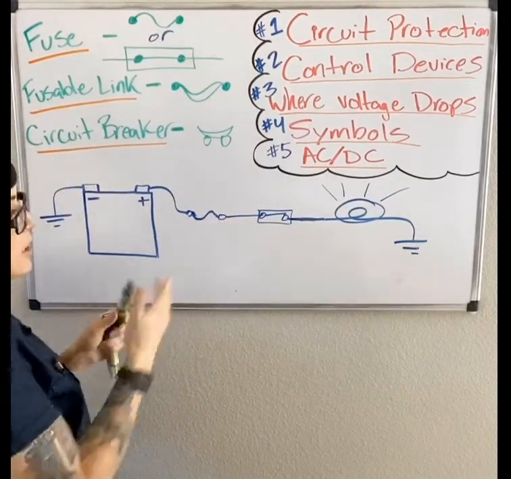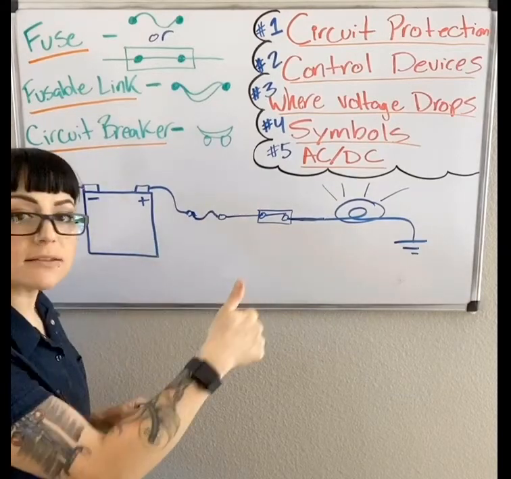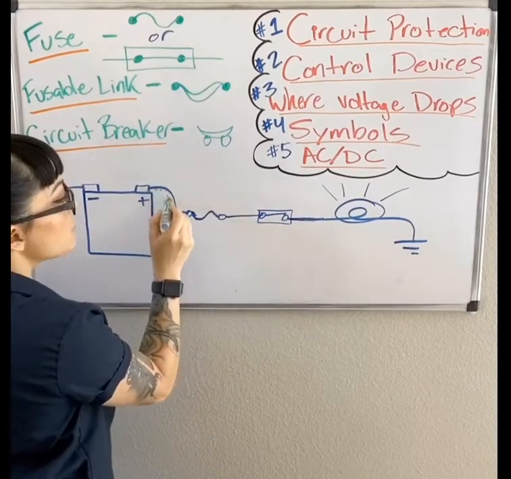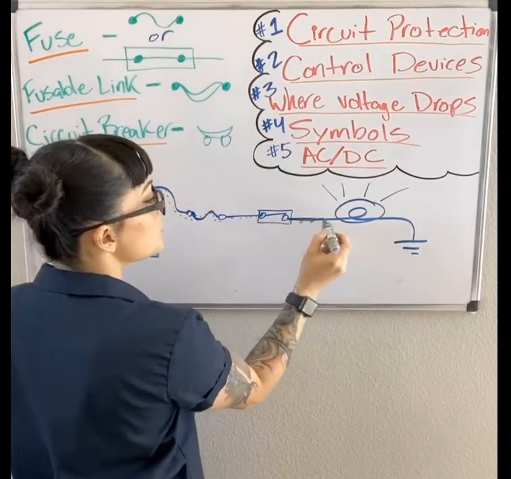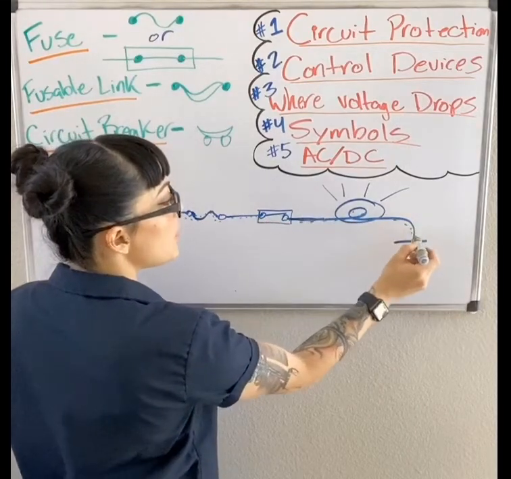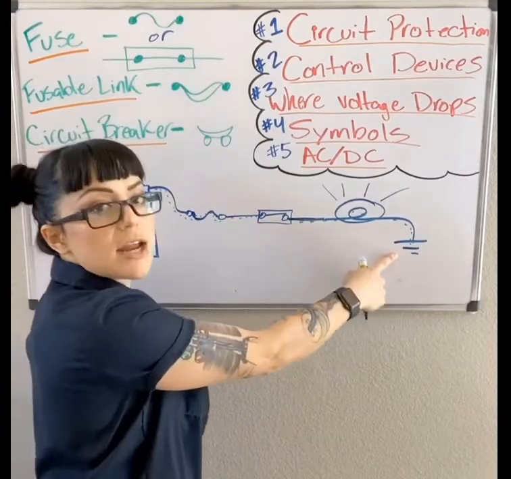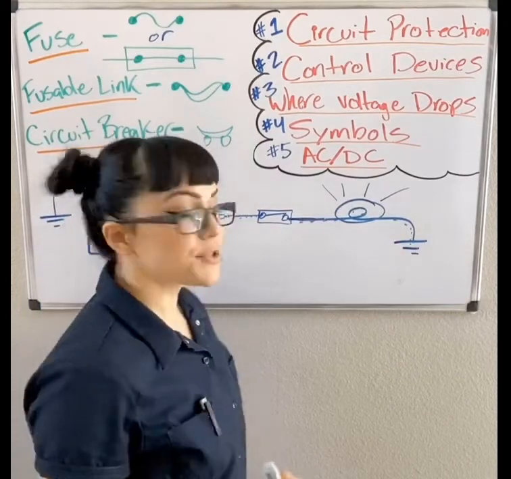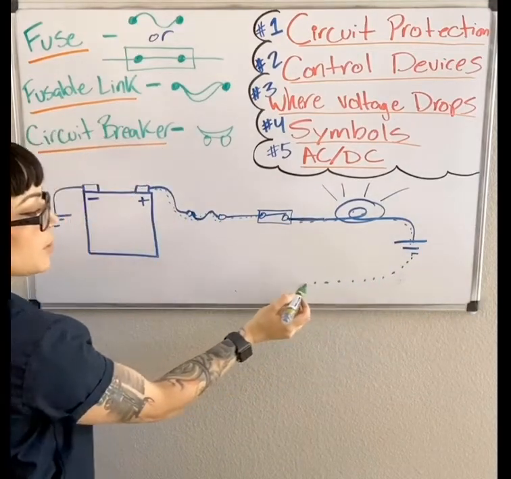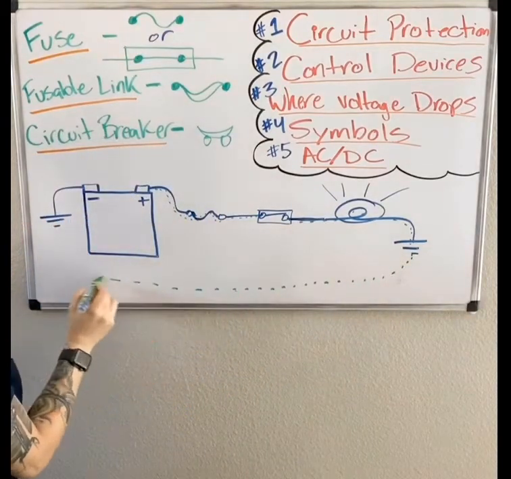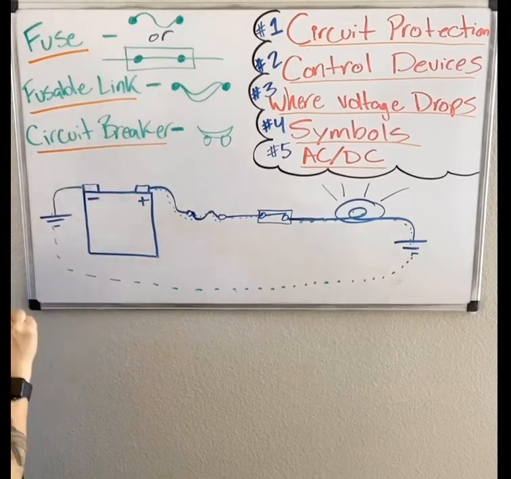If my fuse is intact, I have a path for electrons to flow through the fuse, through my switch, through the light bulb, and right here we've got a symbol for chassis ground. What that tells me is through the chassis, we're going all the way back to the negative of our battery, right?